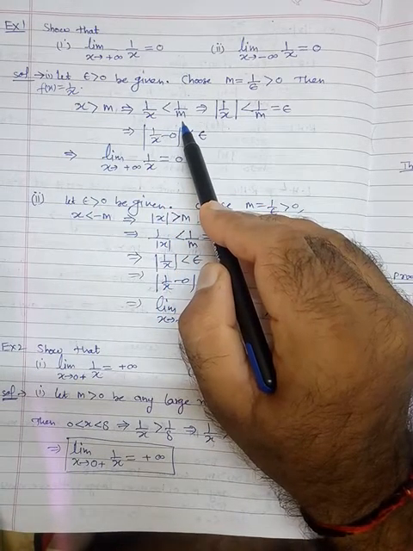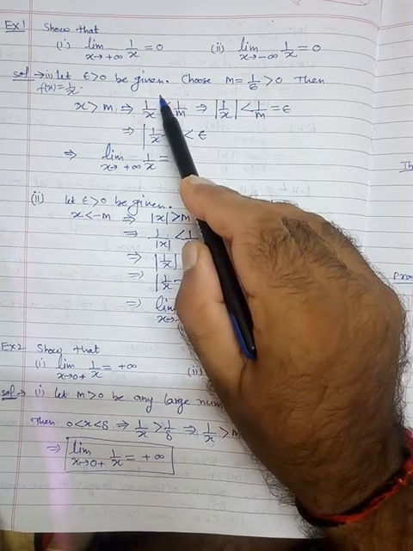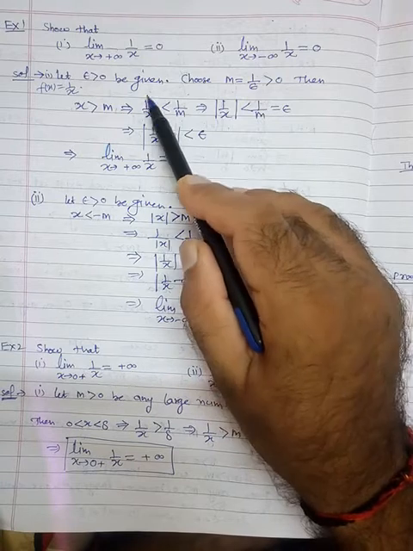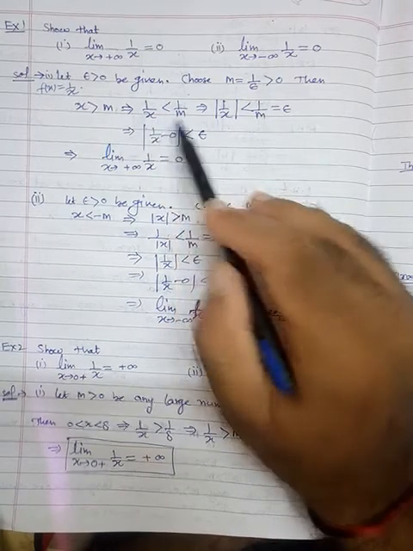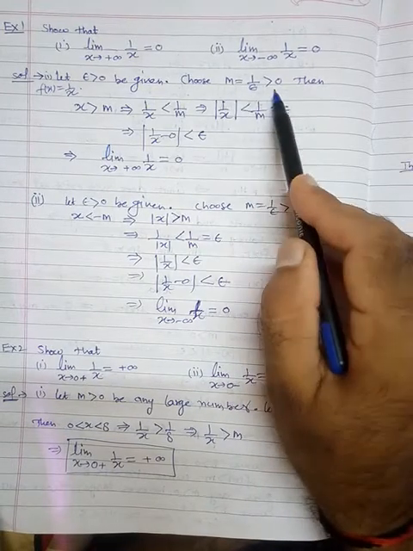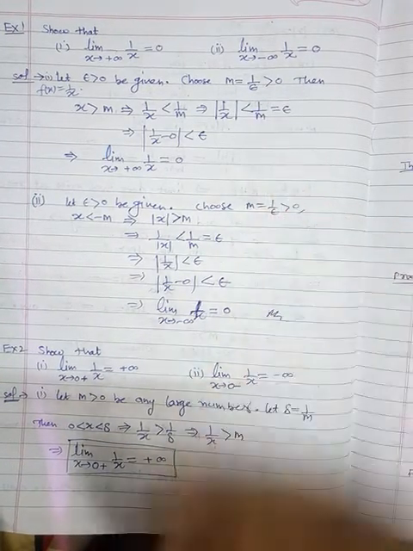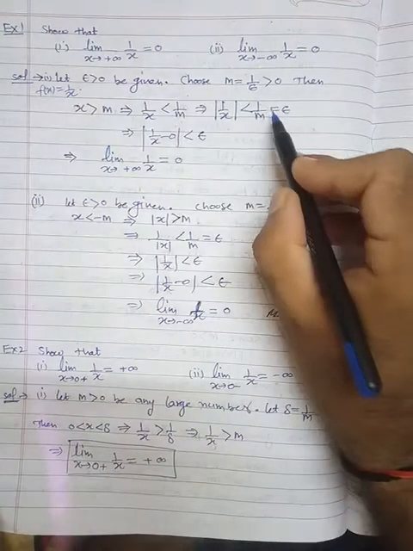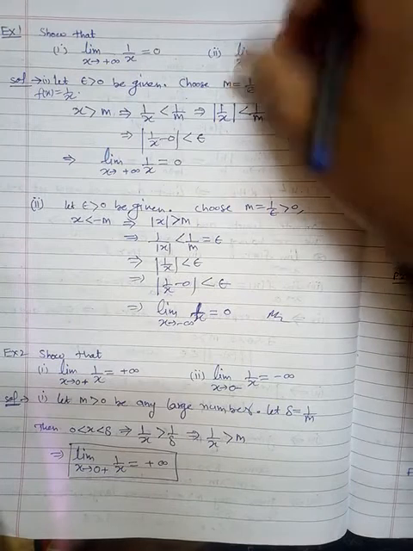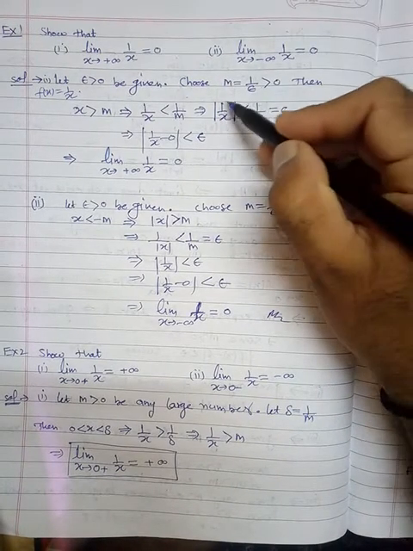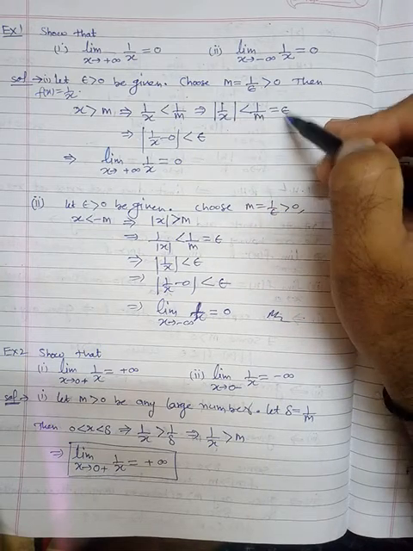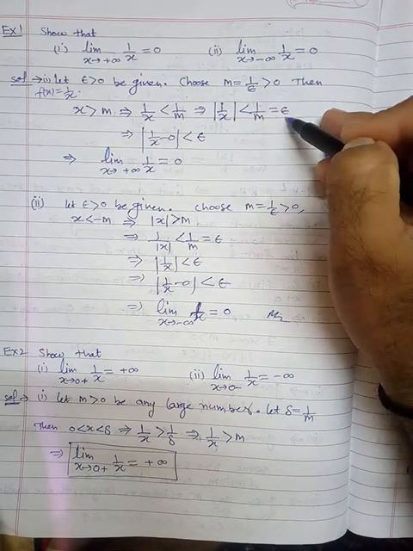And now with the help of the epsilon delta definition, you need magnitude here because of |f(x) - L|. So f(x) is 1 by x, so take the magnitude on both sides. So |1 by x| is less than |1 by m|, but m is a positive value, so there is no need to write down magnitude here. So this quantity is epsilon. We have already selected it, but if you had not selected it, you can see that |f(x) - L| should always be less than epsilon, so that's why this quantity is selected as epsilon.